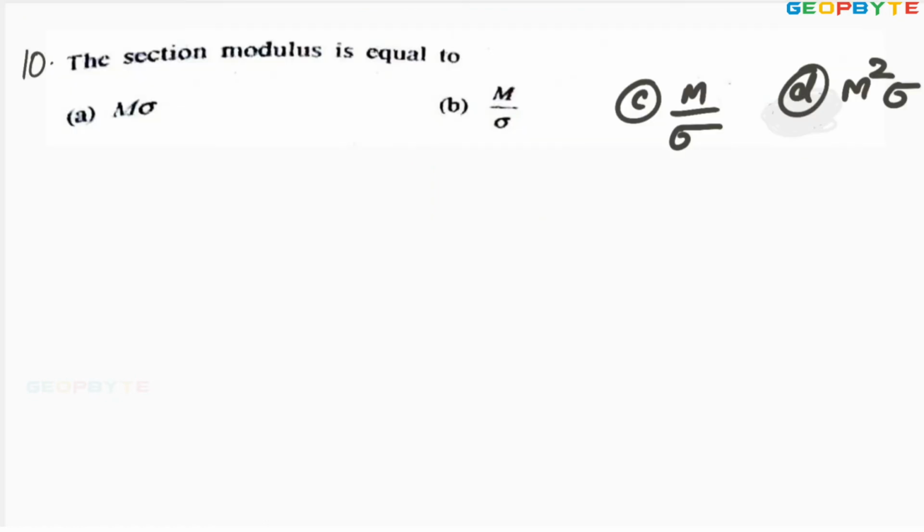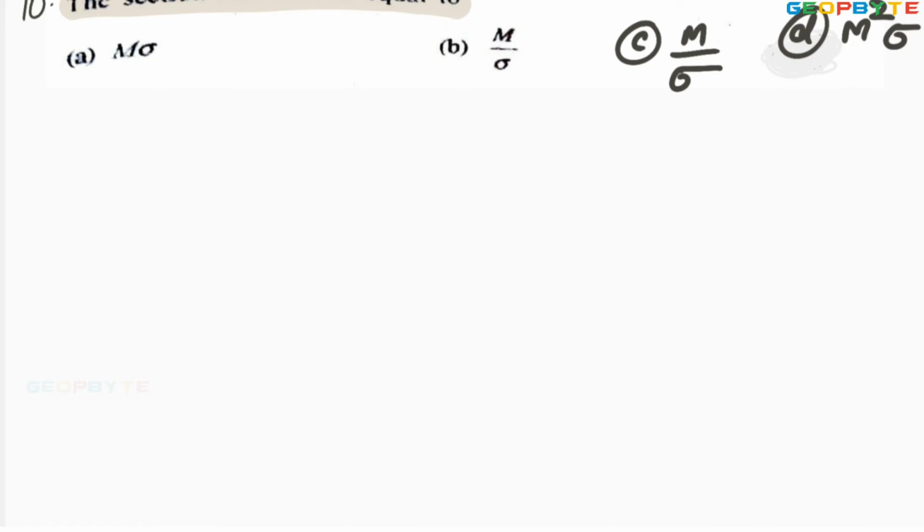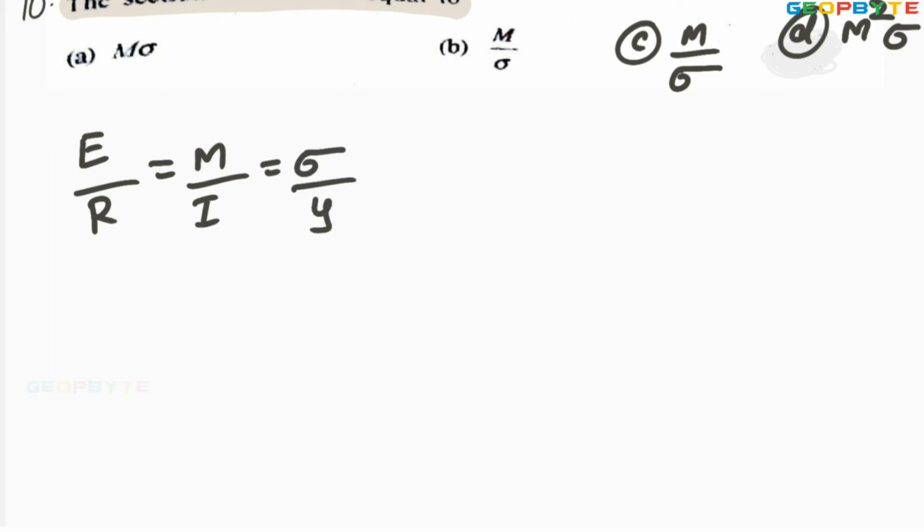Look at the problem. The section modulus is equal to... As we know, the bending equation is E by R equal to M by I equal to sigma by Y. This is the bending equation.